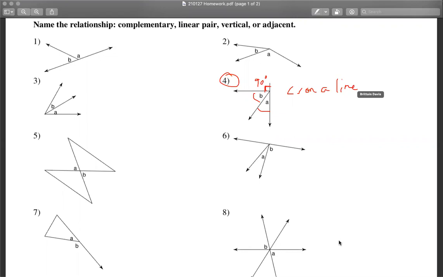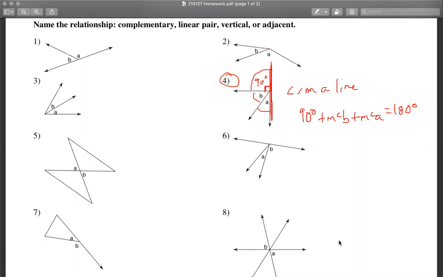Now, it might not jump out at you right away as being the correct answer, but notice that I've got a straight line right there. So I could say 90 degrees plus the measure of angle B plus the measure of angle A would have to add up to 180 degrees because that's a straight line. So that is how you could approach this.